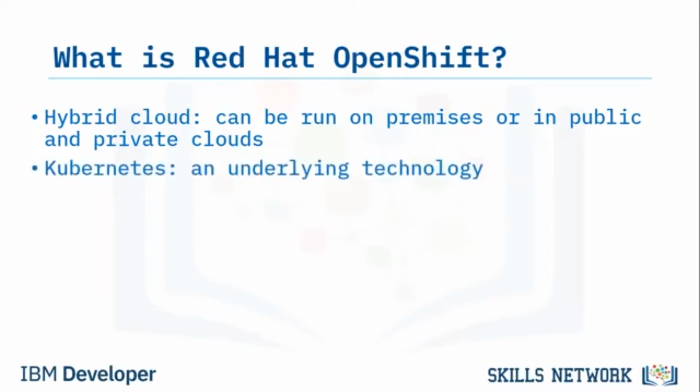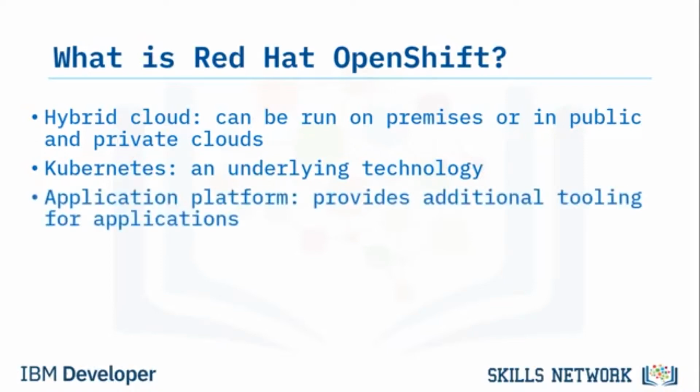OpenShift builds on open-source Kubernetes to create an application platform. As an application platform, OpenShift does more than orchestrate containers. OpenShift also provides additional tooling around the complete lifecycle of applications, from build and CI/CD to monitoring and logging. Of course, we should note that OpenShift is developed and supported by Red Hat.